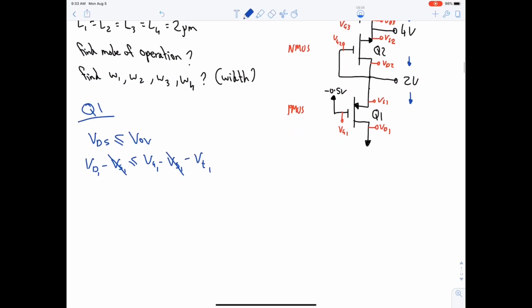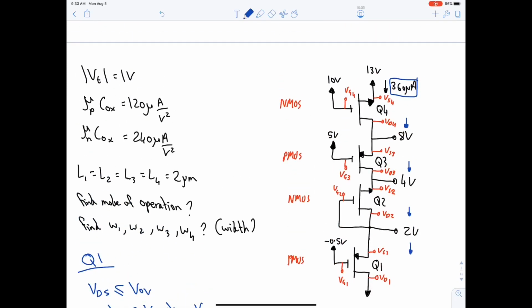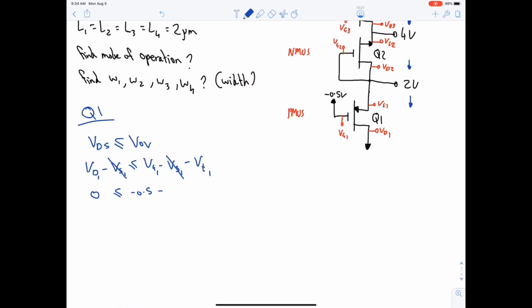VD1 is 0. G1 is minus 0.5. VT1, okay, here you have two possibilities, VT to be 1 volt and VT to be minus 1 volt, minus for P and positive for N. And because we are in PMOS, we're going to pick the minus 1.